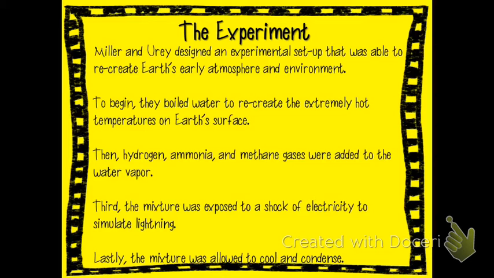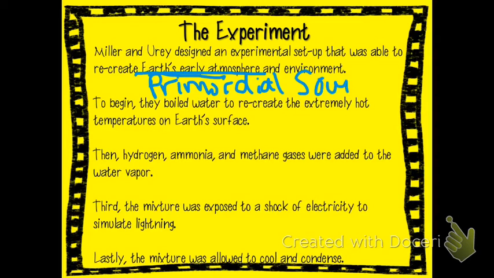Okay, so let me take you back to Earth's early atmosphere. We called this the primordial soup. You may have heard of this word. If not, then I'm telling it to you now. At this point in Earth's early atmosphere, it is thought that the Earth was extremely hot, very tumultuous.